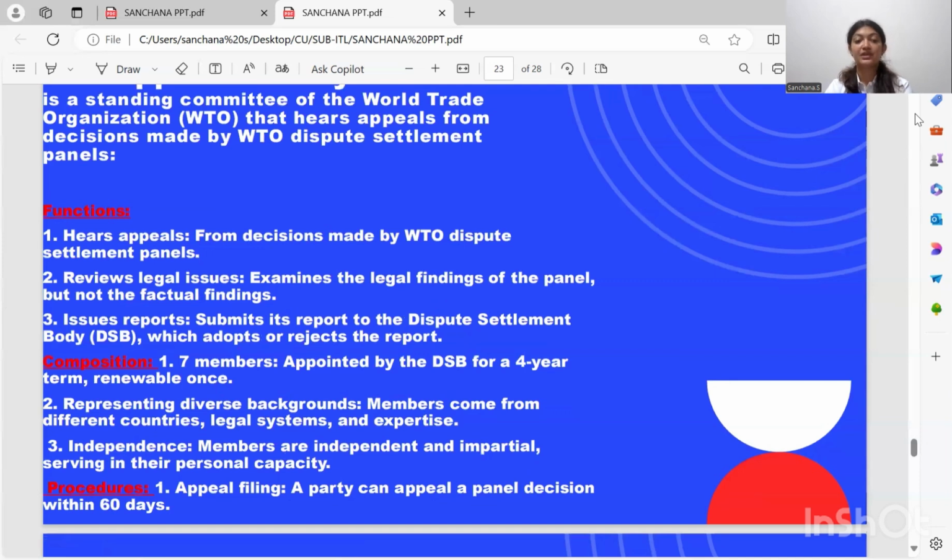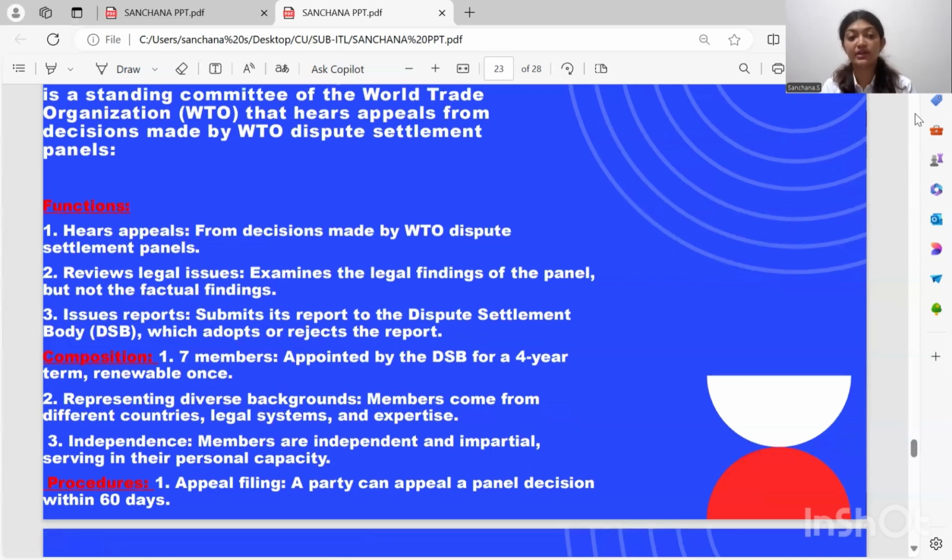The Appellate Body. It is the standing body of the World Trade Organization that hears appeals from the decisions made by WTO dispute settlement panels. Functions: hears appeals from decisions made by WTO panels, reviews legal issues, examines the legal findings of the panels but not the factual findings, and issues reports, submitting them to the Dispute Settlement Body.